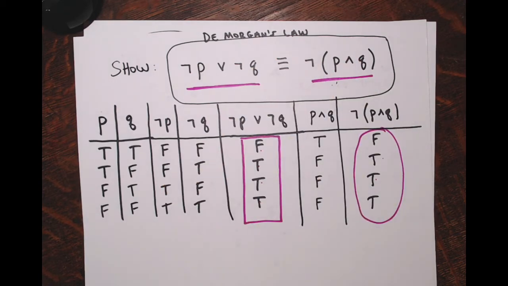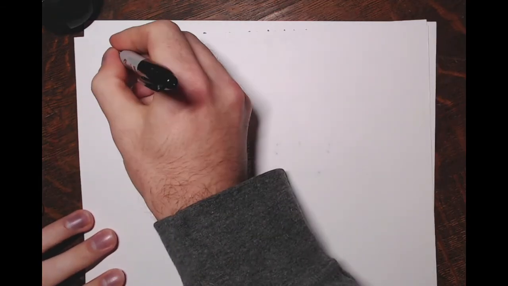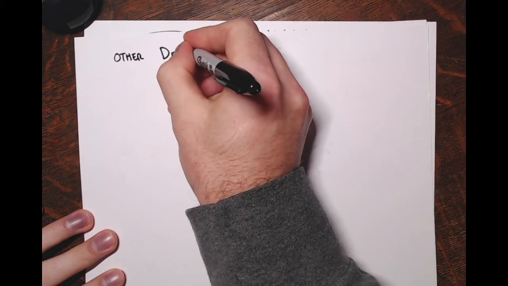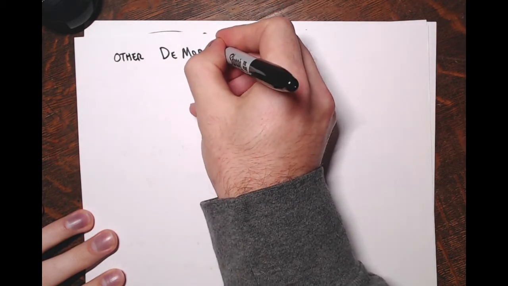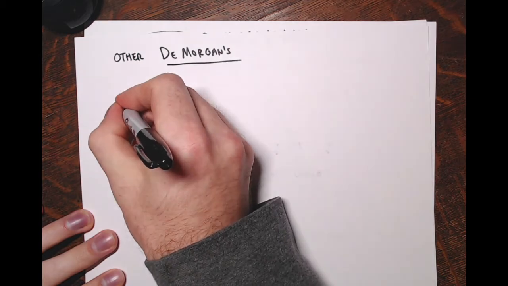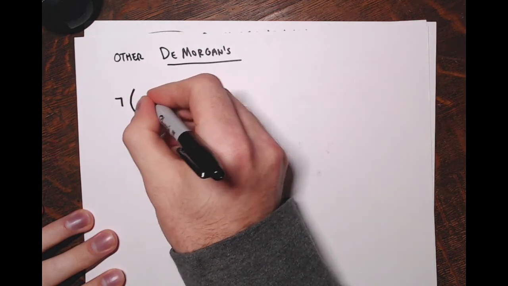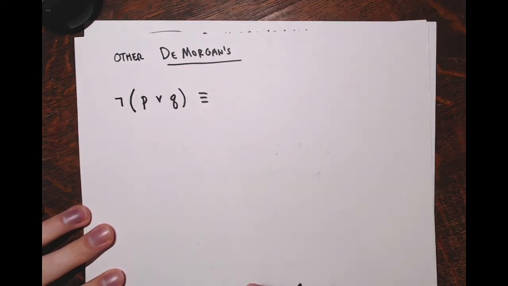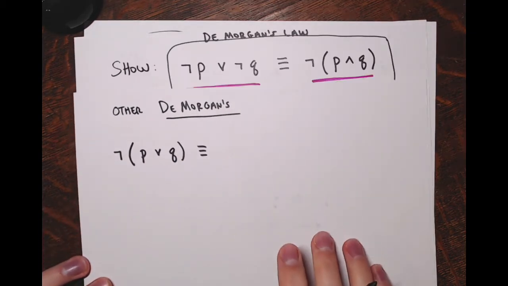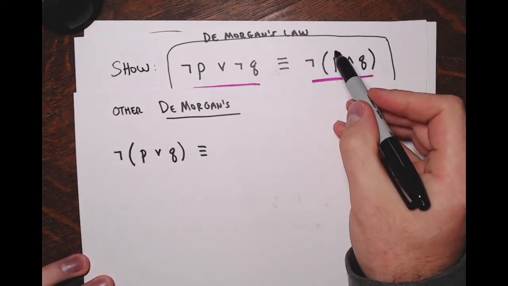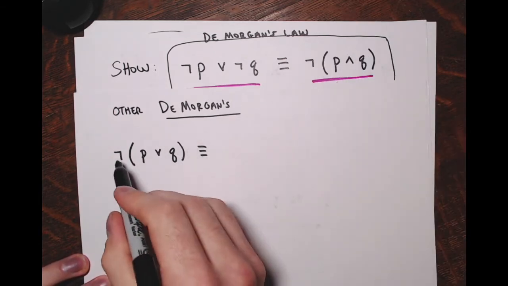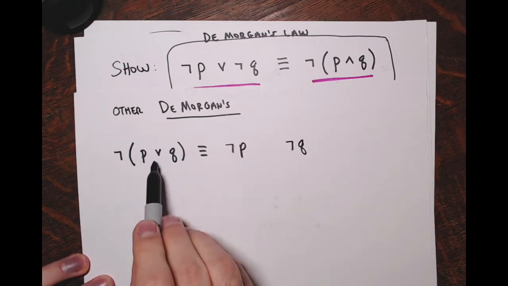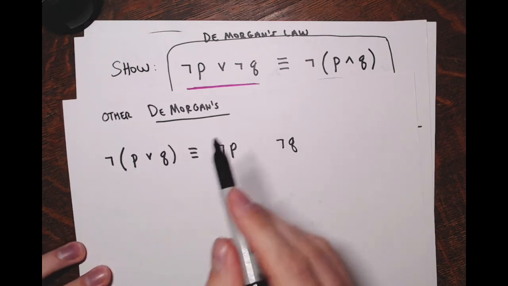I'll show you the other version of De Morgan's law. If you negate an or statement, P or Q, this will be logically equivalent, and kind of like I told you earlier, imagine distributing the negation. So I have not P and then not Q, but then the or becomes an and.